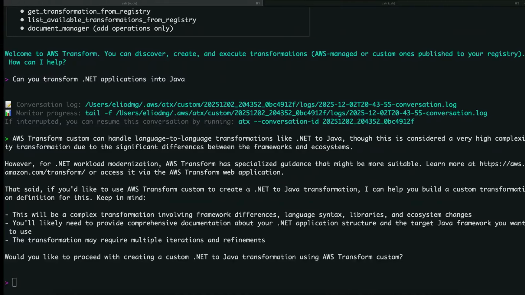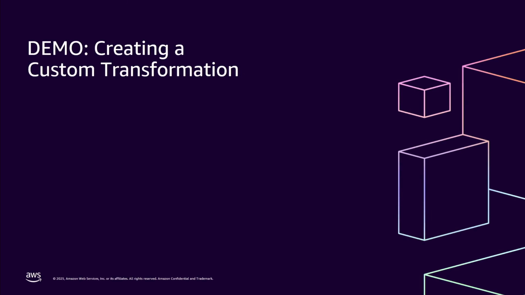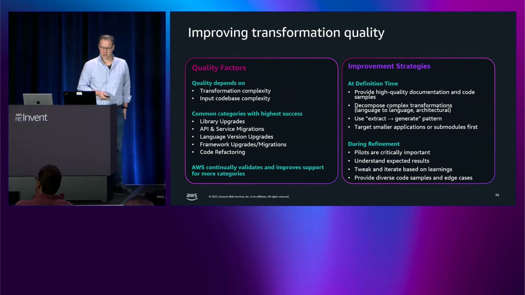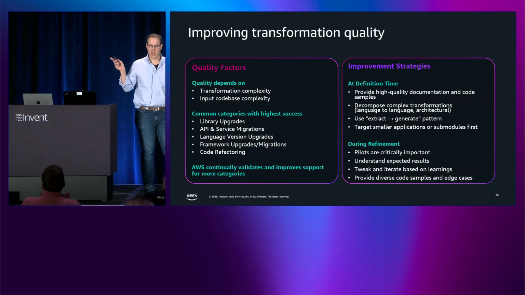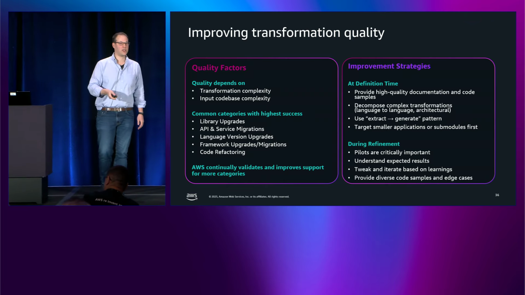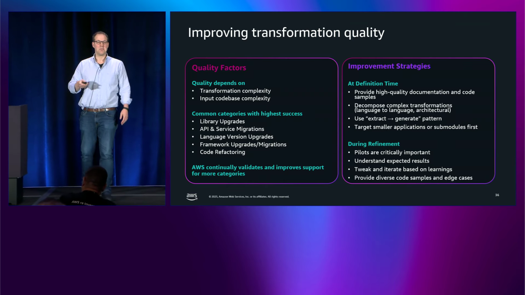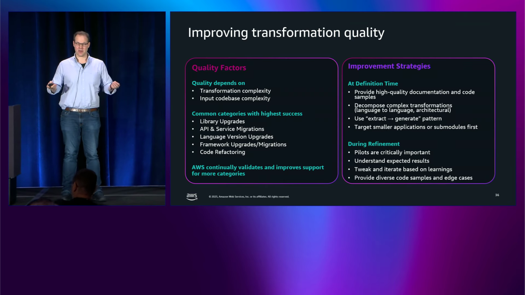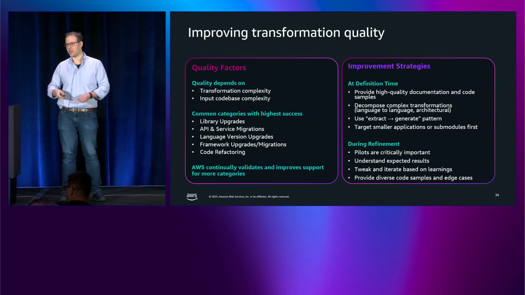Now, let's go back here to my PowerPoint. Here we go. So what we have here, that was the OpenTelemetry, is code refactoring, one of the transformations that is one of the sweet spots that we have. Code refactoring, library upgrades, runtime upgrades.